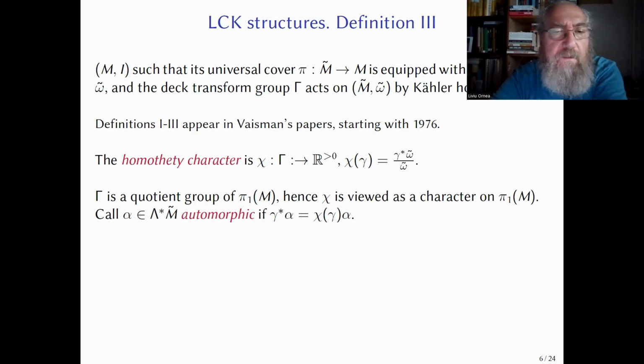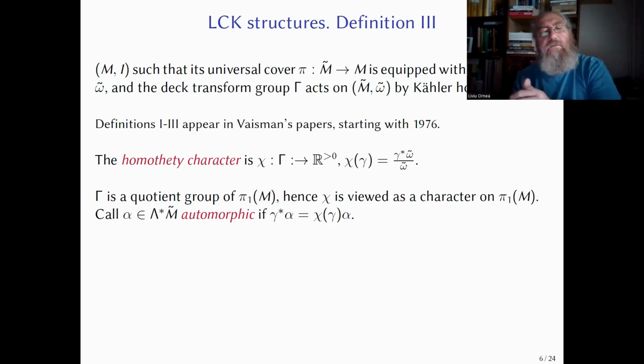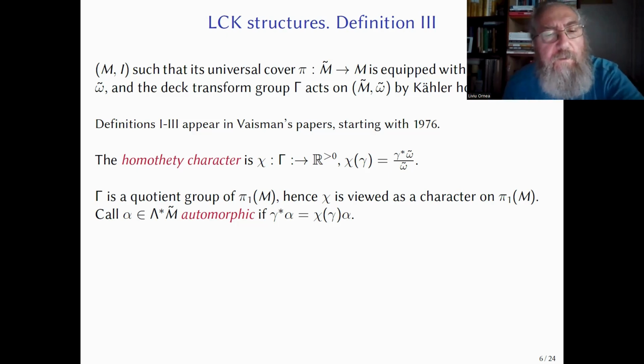On the other hand, it is important to look at objects which behave well with respect to this deck group. The ones we are interested in are the differential forms which we call automorphic.